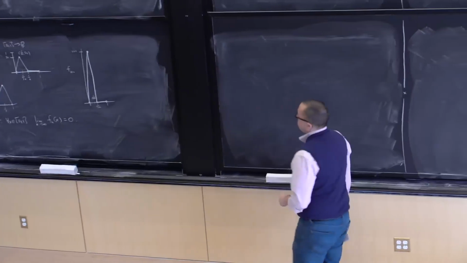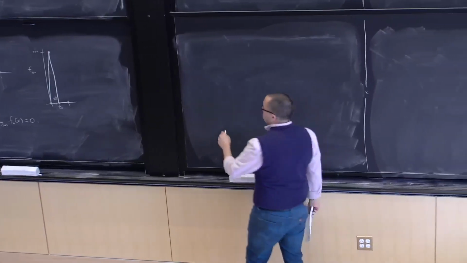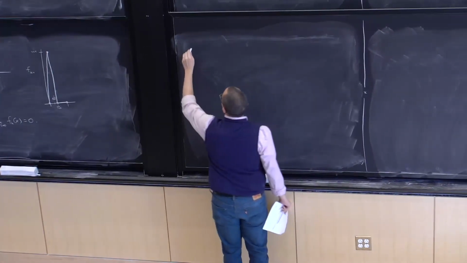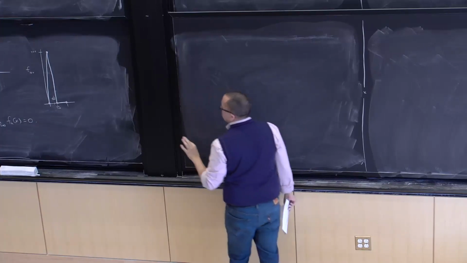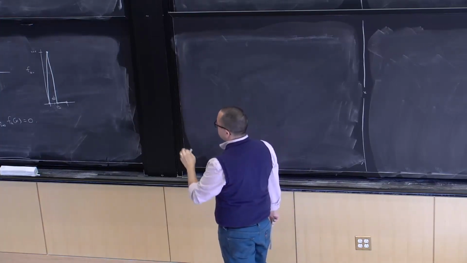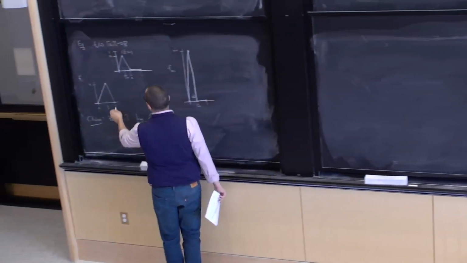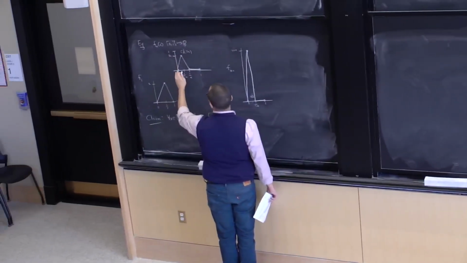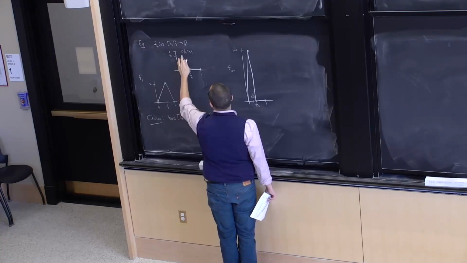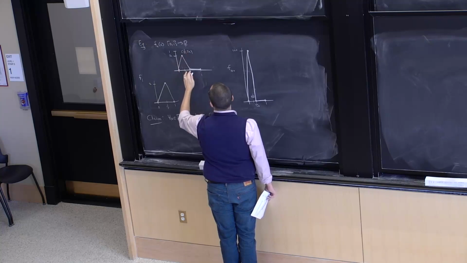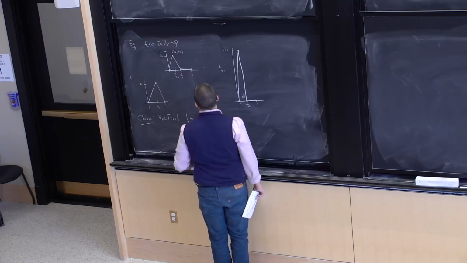Okay, so let's look at the easiest spot first. I don't even need the formula for these guys. I just need to know that they have this basic characteristic that they're piecewise linear, connecting 0 to 1 over 2n, 2n here, and then down to 1 over n, 0, and then there's 0 between that and 1.